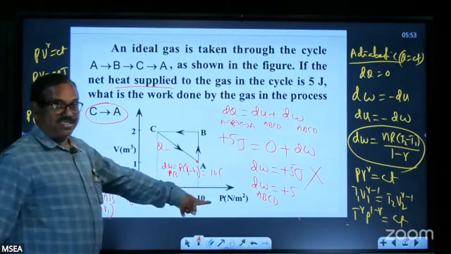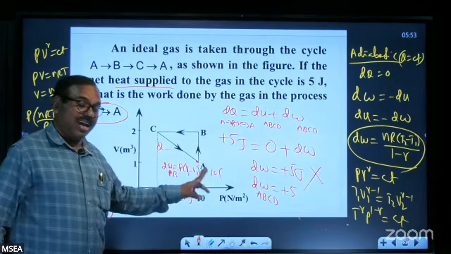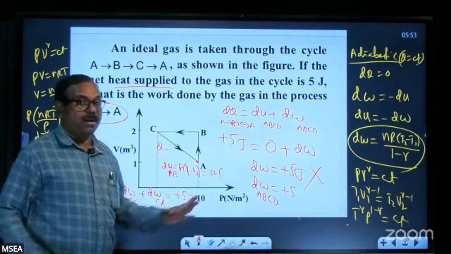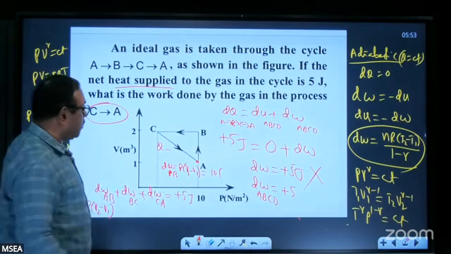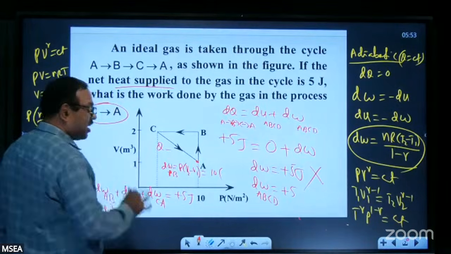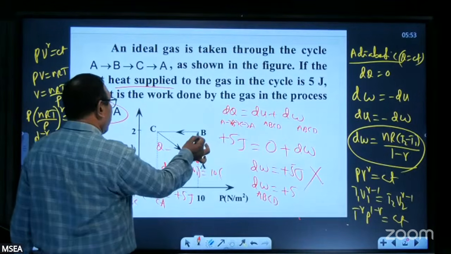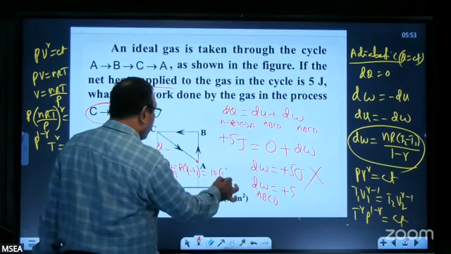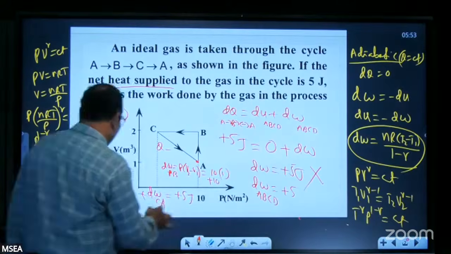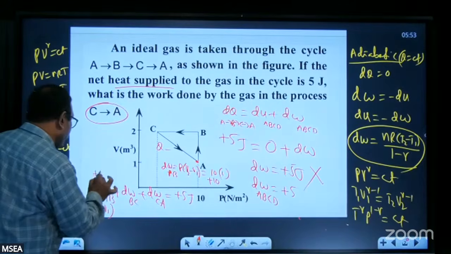But you should carefully observe the units. This is Newton per meter square. Very good, it is given in SI system, and volume is also given in meter cube. No problem at all, no need to convert. So A to B, final minus initial, 2 minus 1, 1, which should be equal to plus 10.